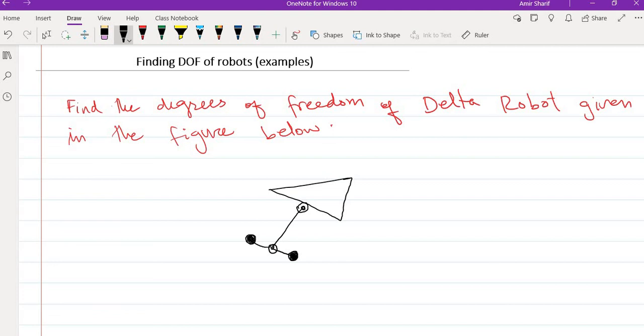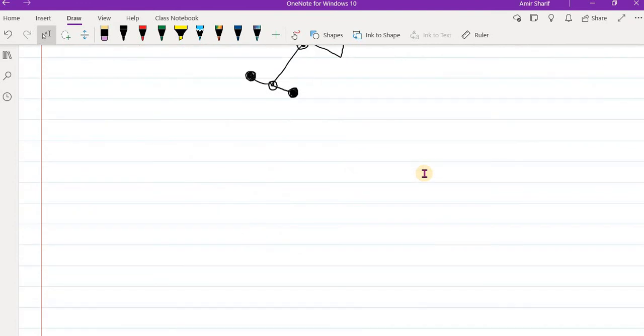Okay, and then on the lower end, on the end effector side, we have one more plate, and it looks something like this. Here also we have a revolute joint.